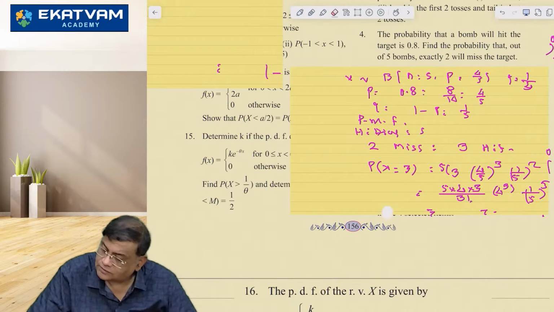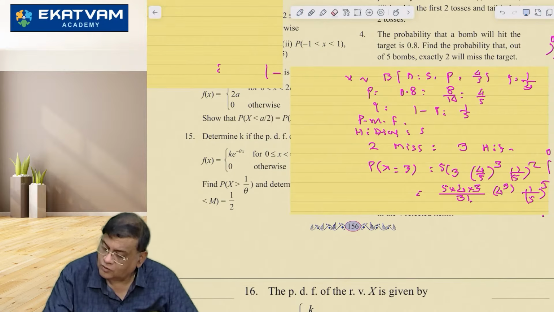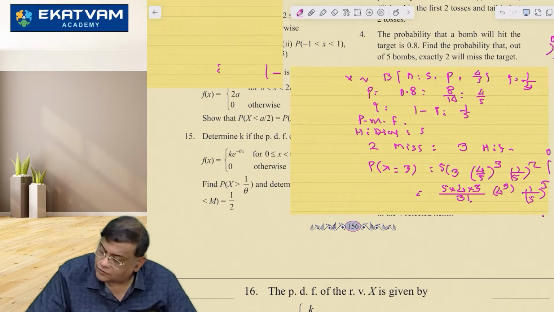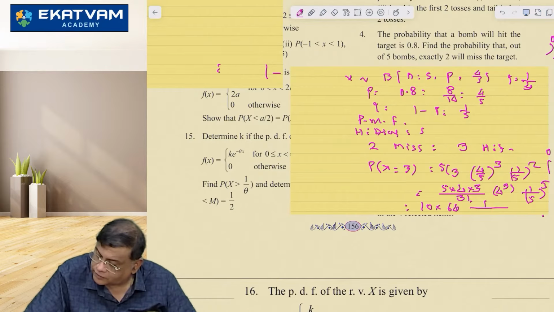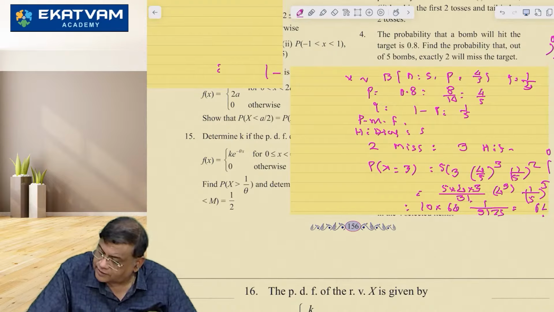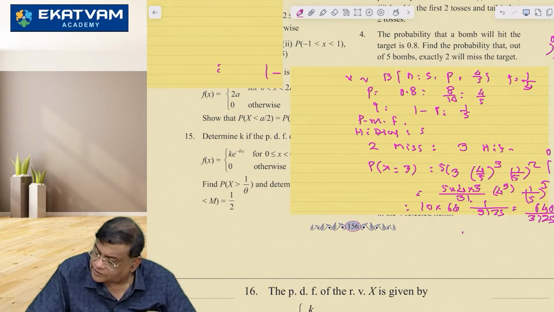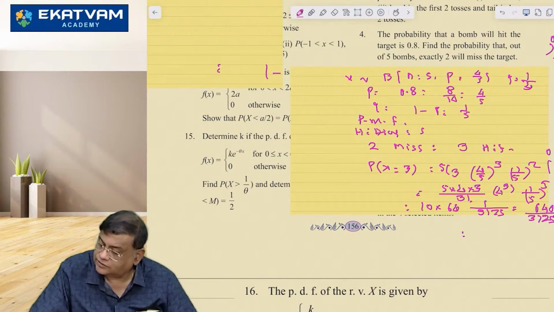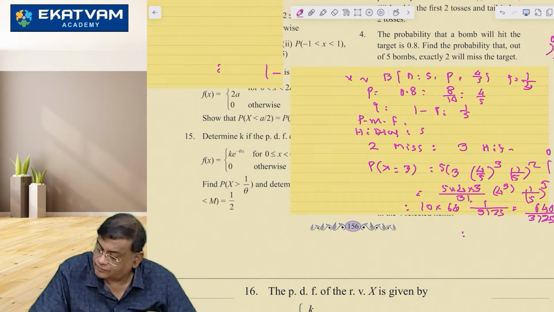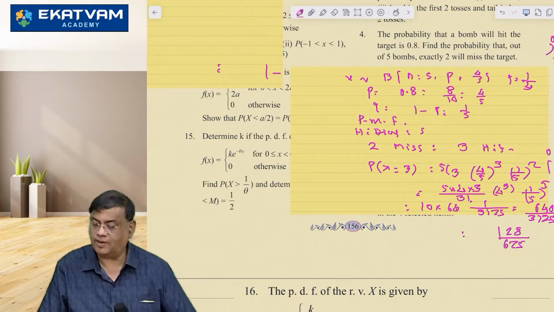So 10 into 64 into 1 upon 3125. So 640 over 3125. But you can reduce it, na? 5 से divide करो. So 128 over 625 is the probability.